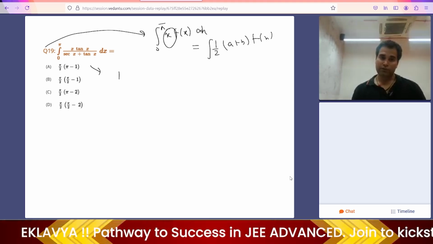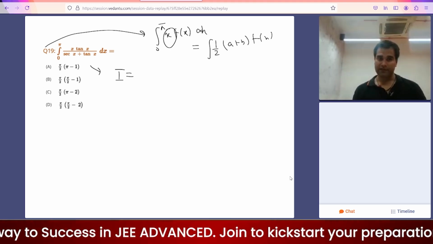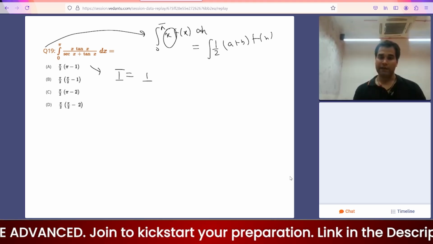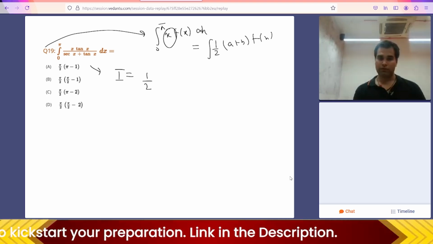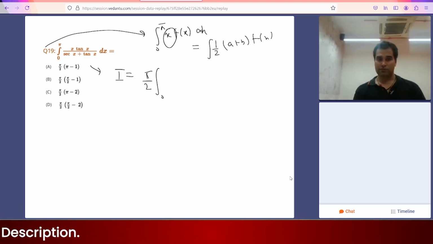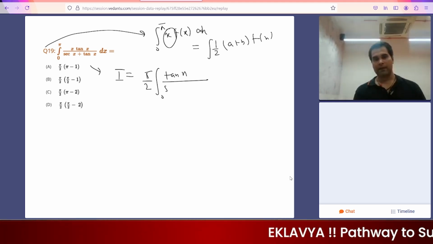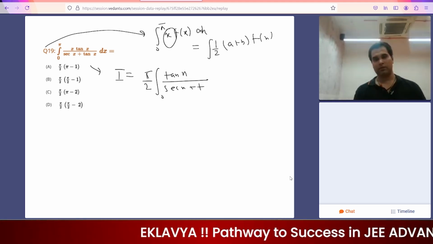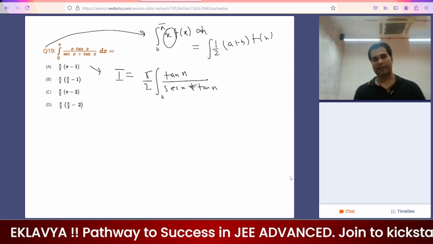So this question is also written as I equal to 1 by 2 times of integral 0 to pi by 2 of tan x upon sec x plus tan x.